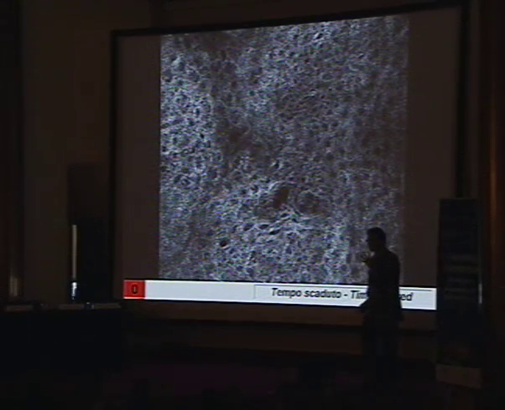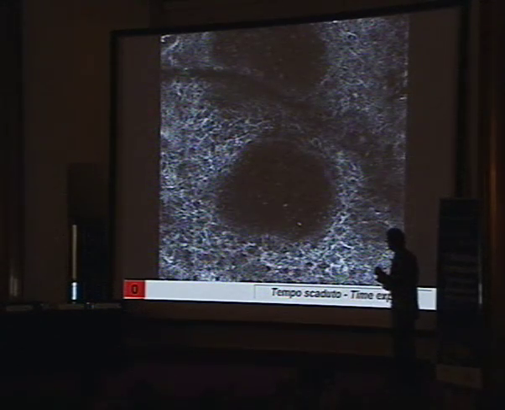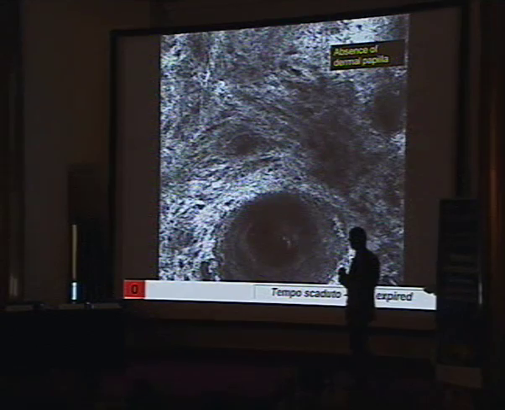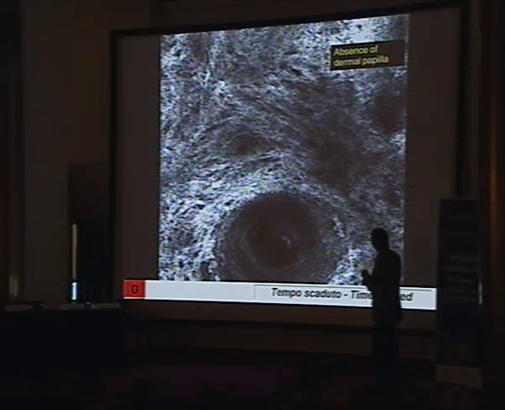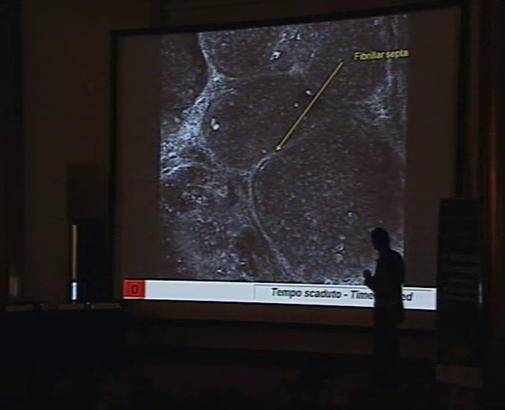What is strange in melanoma? In melanoma, normally the epidermis, the honeycomb pattern, is lost. In this lesion it was not. We could see these images, strange images in the dermoepidermal junction, thickening of the dermis, and these were the nests of cells that we could distinguish by confocal microscopy.